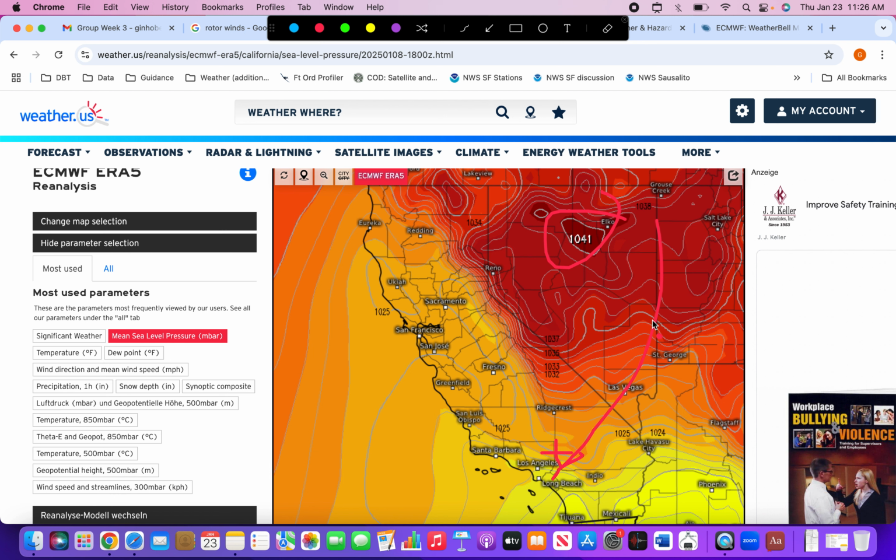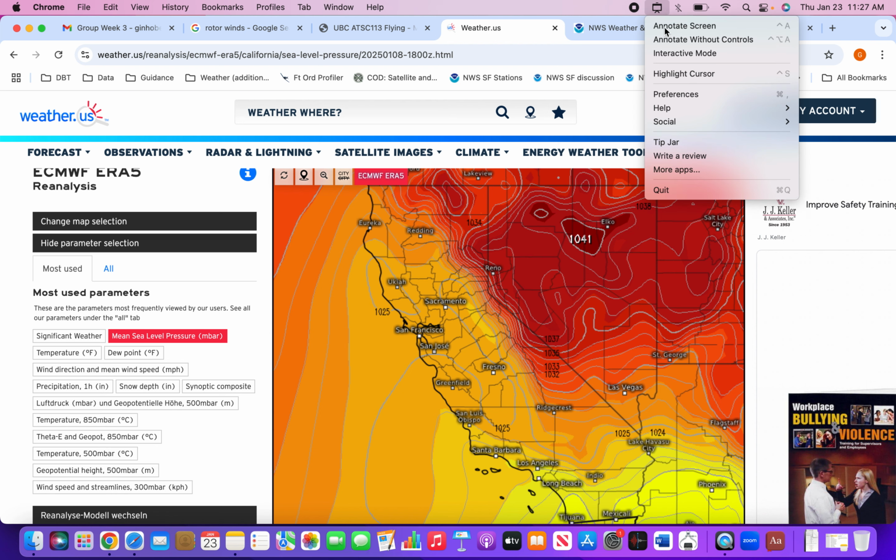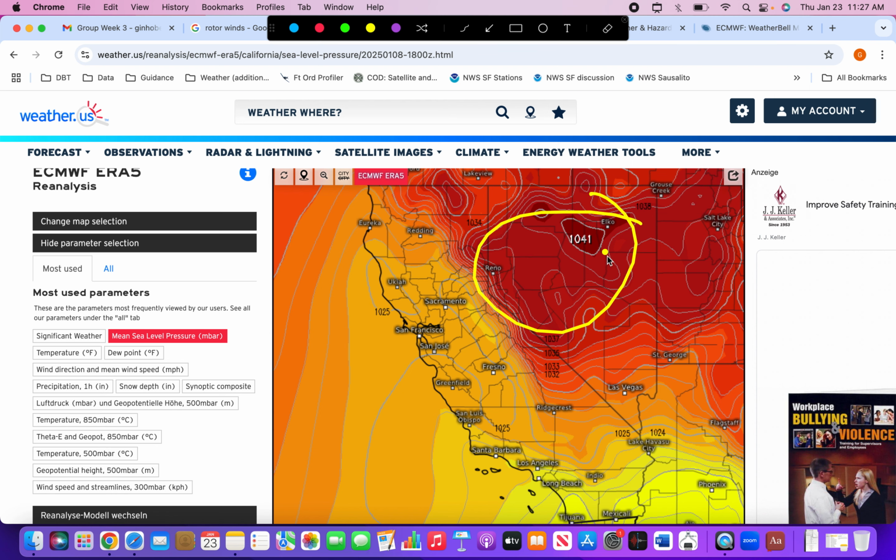Let me use a different color. Okay, so this is to compare. Say this had actually set up a little further east and south. That's the wind we would have had. And this is important to understand, because the location of this high pressure center is key.